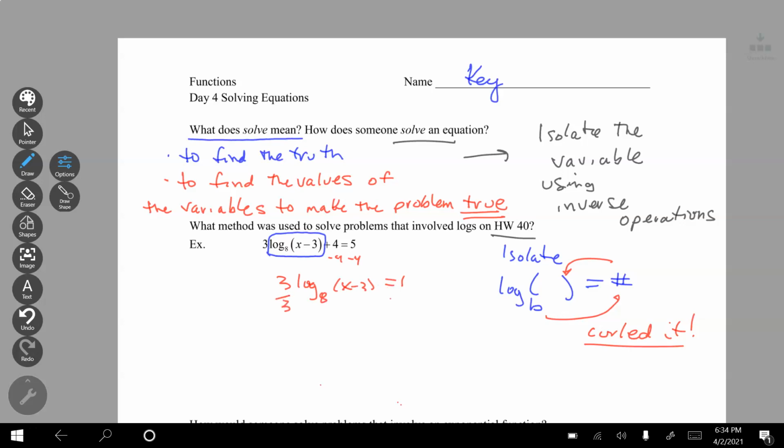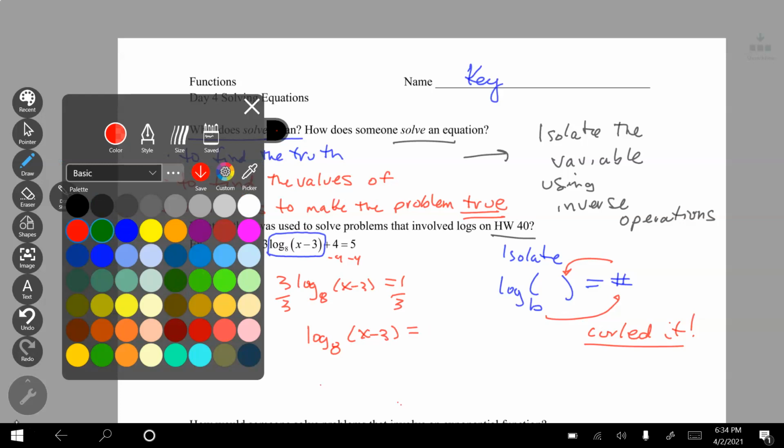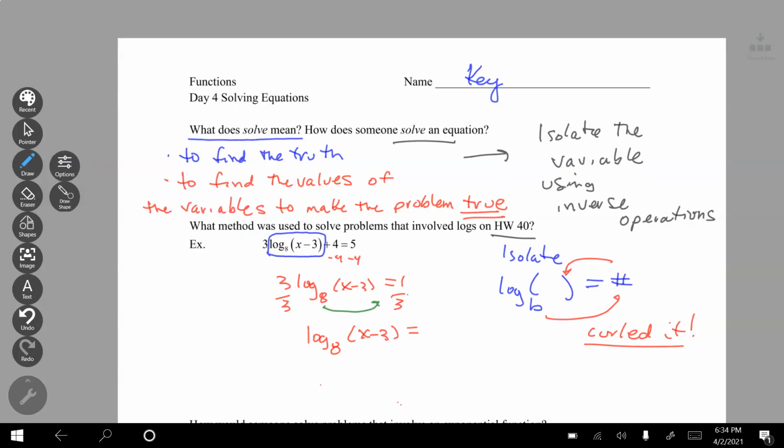We divided by 3. And we have log base 8 of x minus 3 is equal to 1/3, and I curl it. I start at the base 8, I get 8 to the 1/3, which is equal to x minus 3, and 8 to the 1/3 is the cube root of 8.